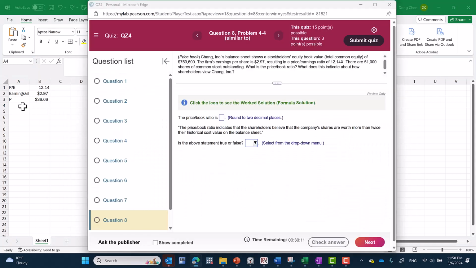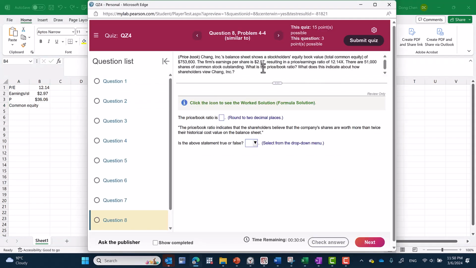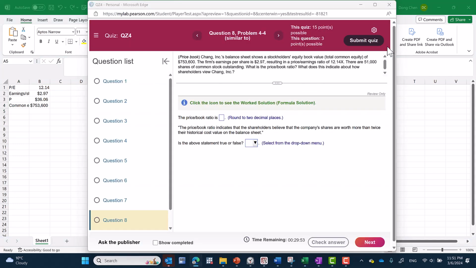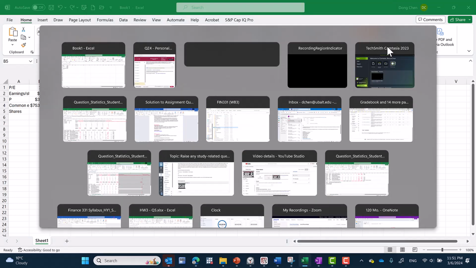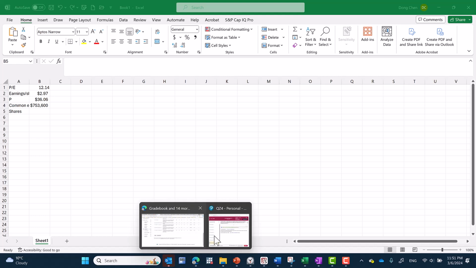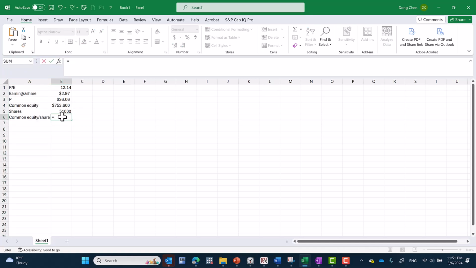And then common equity, that would be 753,600, and there are 51,000 shares. So common equity per share will simply be the aggregate amount of common equity divided by the shares outstanding.